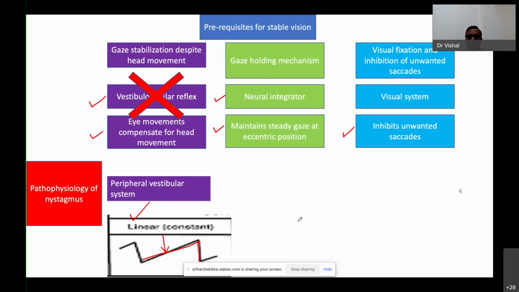It could be linear, where the slow phase velocity remains constant throughout, and then there is a fast phase. So this is a left beating nystagmus. The right beating nystagmus will appear in this way. With this linear slow phase velocity, there is no increase or decrease in the slow phase velocity from one point to another.